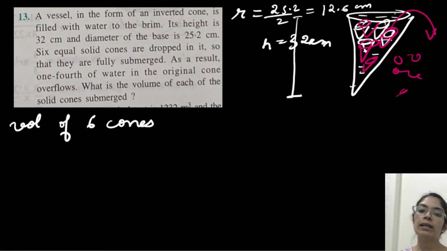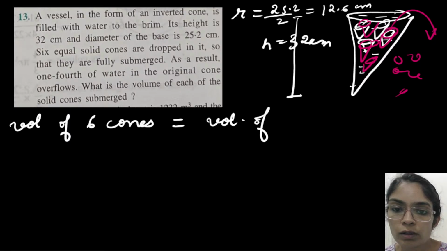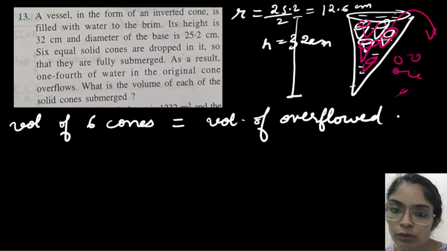This type of submerging questions we did in cylinder also. Whenever something is submerged, that volume will be equal to the volume of rise in water or the volume of overflowing water. So volume of 6 cones is equal to volume of overflowed water.